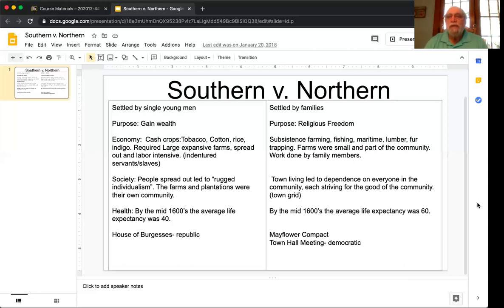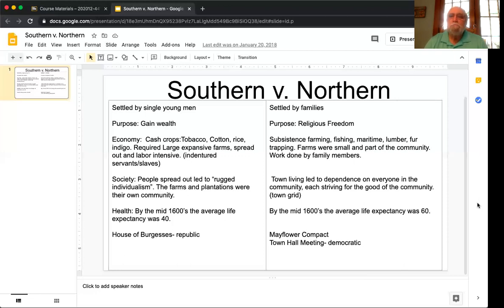So when they got here, again, it's just single men. They weren't here to populate the area, just, as I keep saying, grab the stuff and go. They didn't bring much of anything to survive.